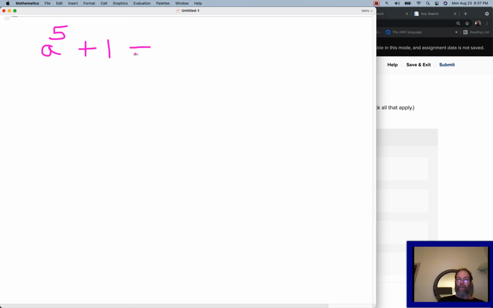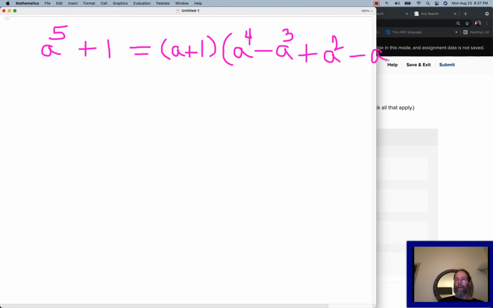I believe that's going to be a plus 1 times a to the power 4 minus a to the power 3 plus a to the power 2. Sorry, guys, I have a sore throat this evening. A to the power 2 minus a plus 1.